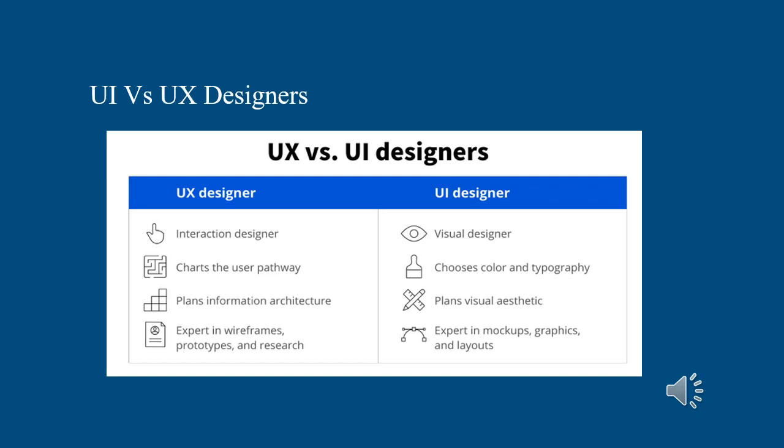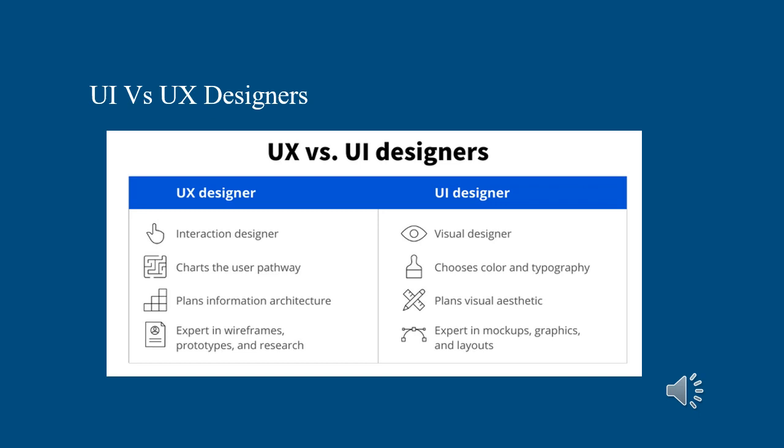Nextly, we have UI versus UX designer. So when it comes to UI and UX designing, it's totally up to you whether you want to opt for a career as a UI (user interface) designer or UX (user experience) designer. The responsibilities of a UX designer are to create charts, provide user pathways, and plan information architecture.